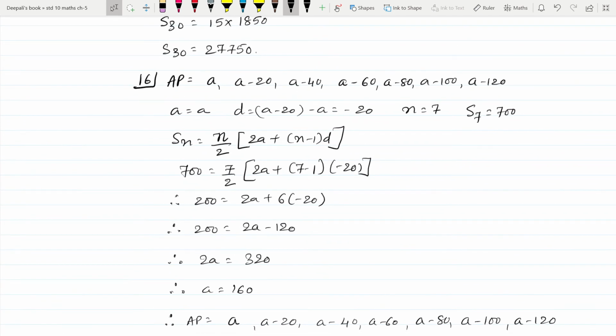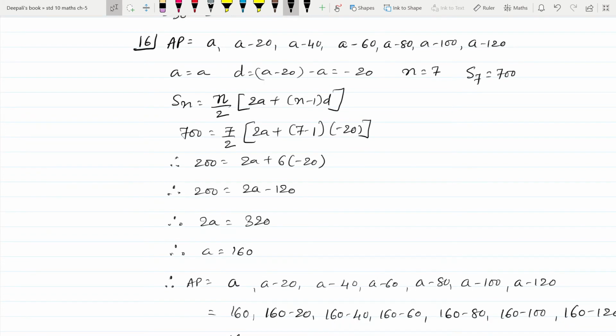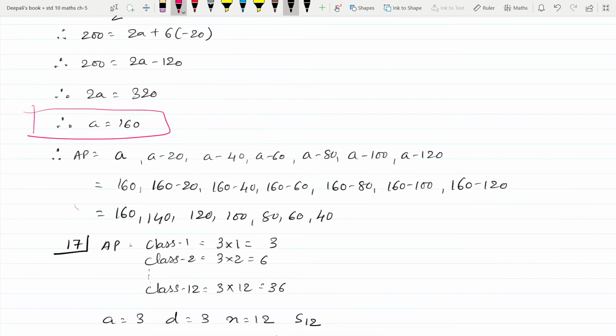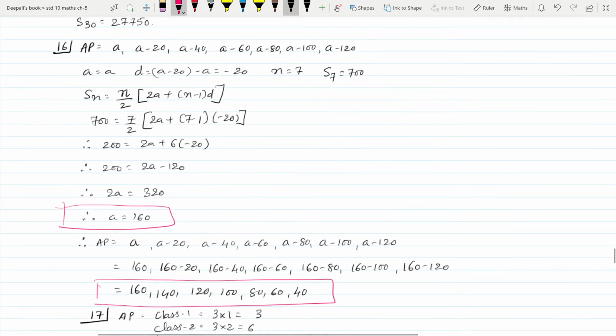Now first term is A, D is A minus 20 minus A, that is minus 20, N is 7 and S7 is 700. Replace the value in the formula, we get the value of A. Now using this value of A, we can get all the members of the AP. That is your question number 16.